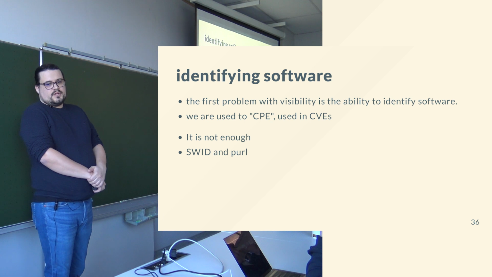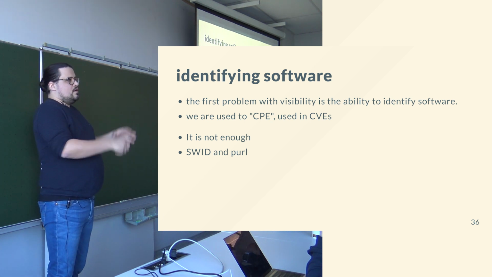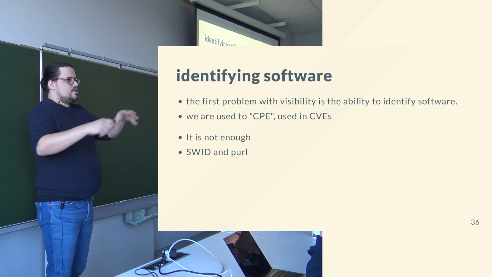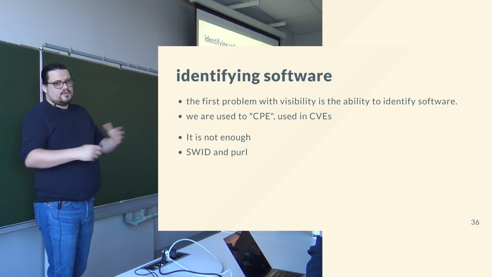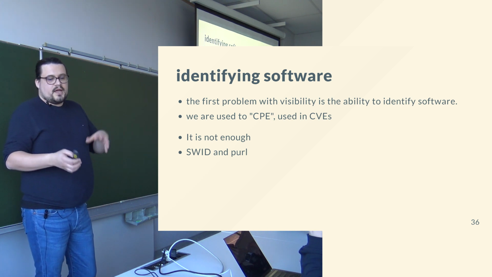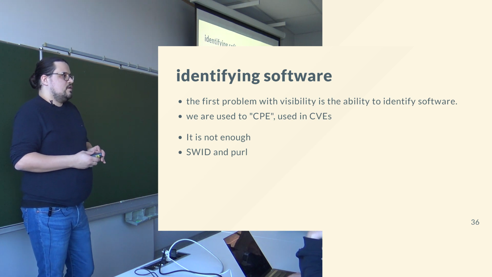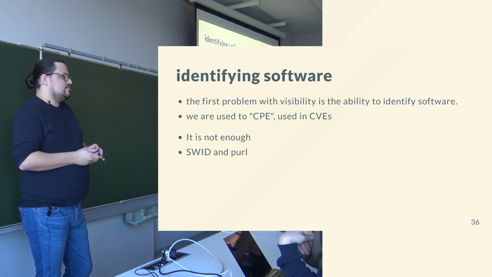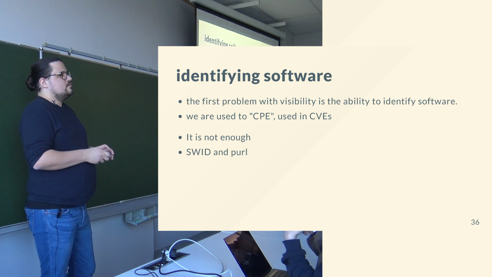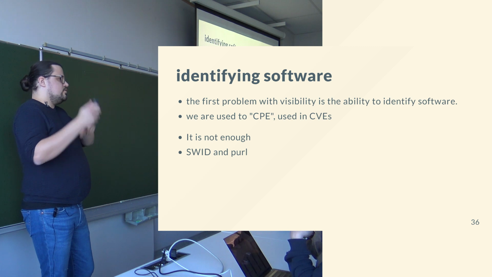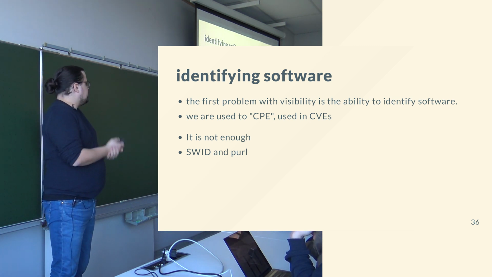CPE is just not working for current needs, with a lot of software repositories for each language. You will have a lot of false positives if you try to scan software libraries using CVEs, because CPEs are not enough to identify things correctly in the correct context, with the correct version comparison algorithm and everything. So it basically doesn't work.